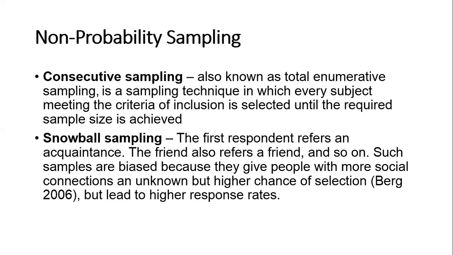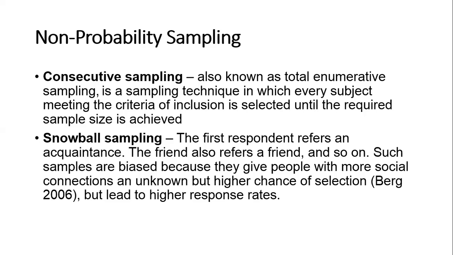Snowball sampling. No, there has to be some rule for your sampling. Like in the case of systematic sampling, so it's not purely random, but it is structured in such a way that it can still produce reliable results.